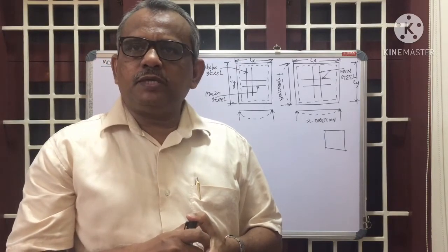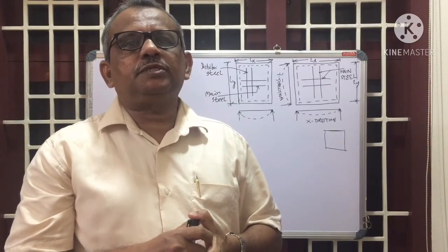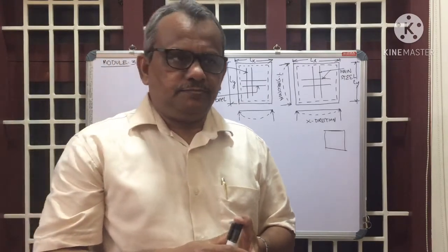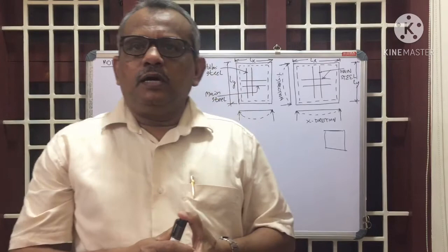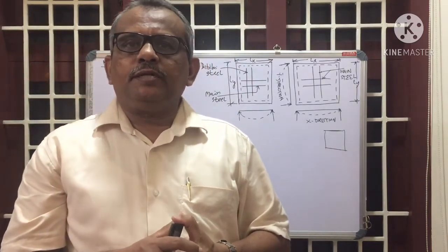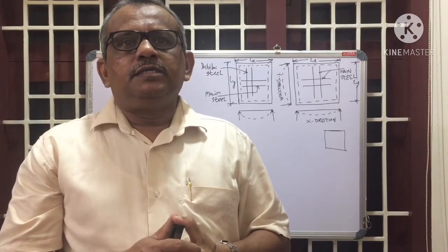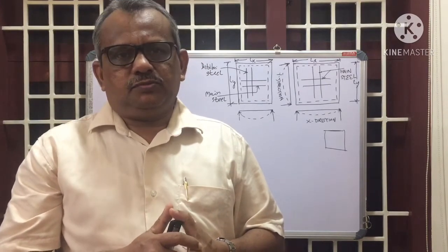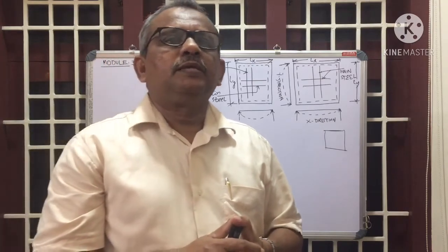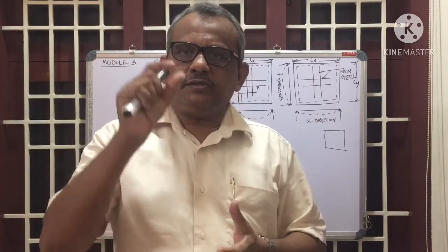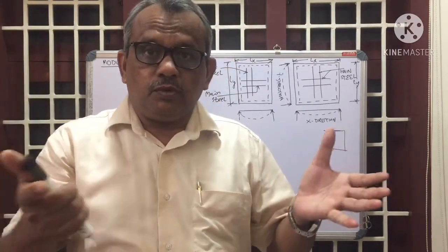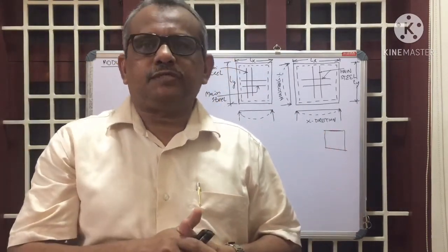The main reinforcement along the span and the distribution reinforcement in the transverse direction. So what is the purpose of providing this distribution steel? You know that it is to take the temperature difference or the shrinkage difference in the slabs, always, because its thickness is very less and the surface area is more compared to the volume of the slab.